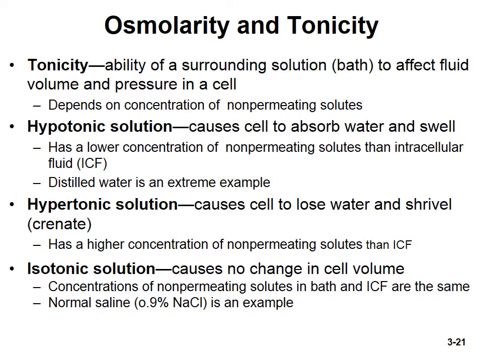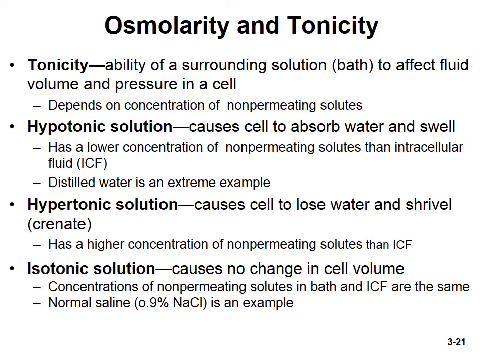Now with hypertonic, your cell is going to lose water. It's the opposite. So with hypertonic, in the extracellular fluid, you're going to have 90% sodium chloride and only 10% water. So you have less water, but you do have a higher percentage of sodium chloride outside of your cell.